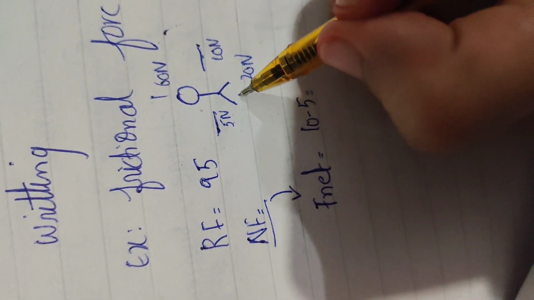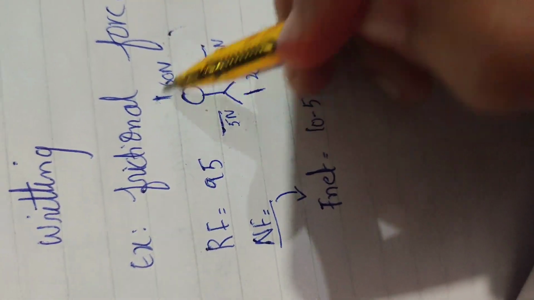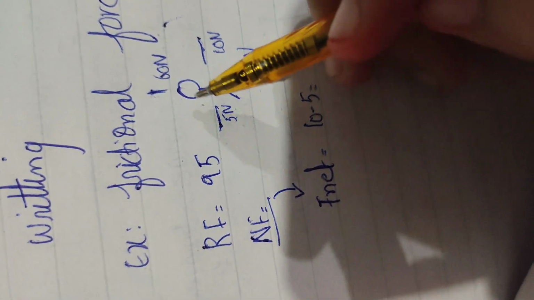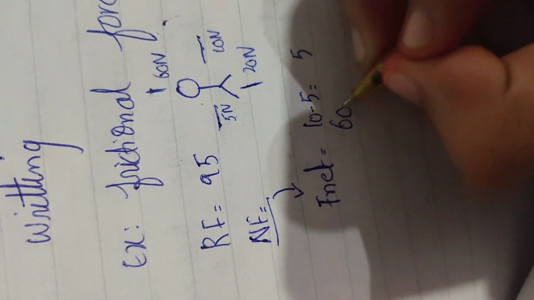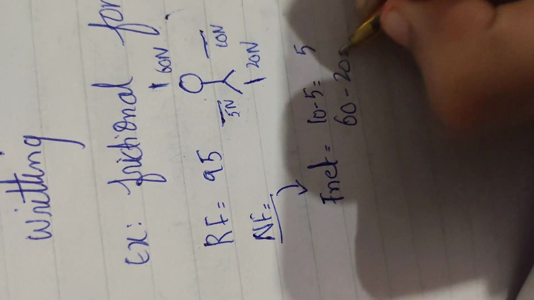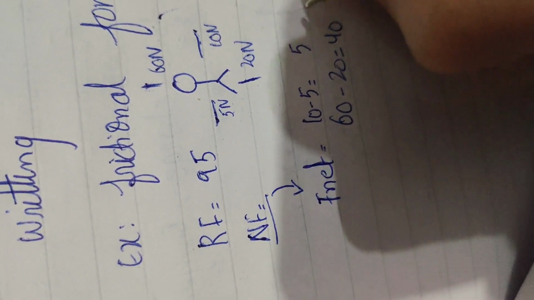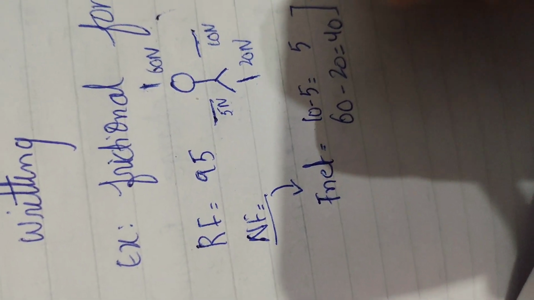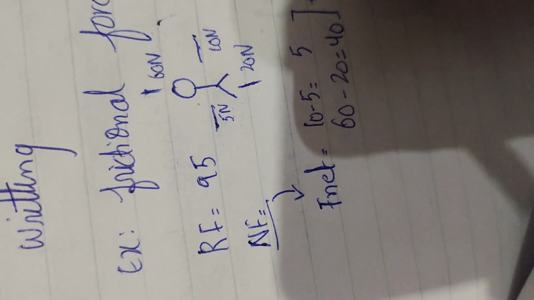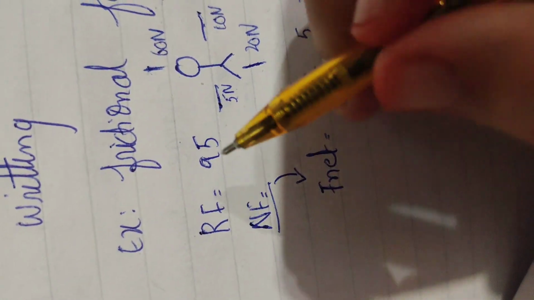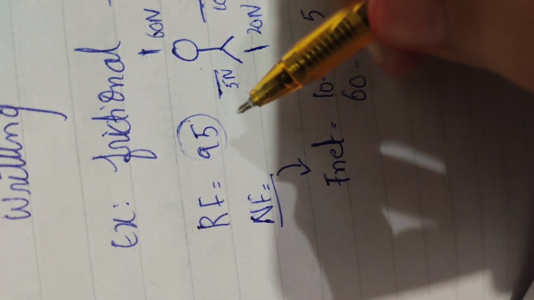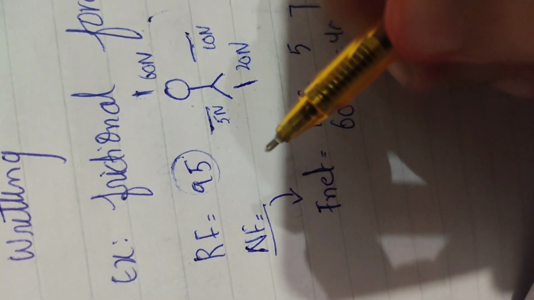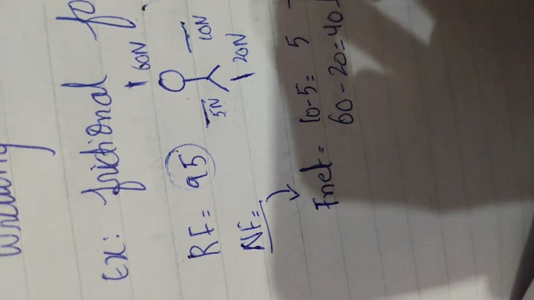Then you can see these two forces are also here, applied from opposite sides. So we do 60 minus 20. We got 40. Now we add these two, and we got 45. So this is net force, and the other is resultant. Resultant is quite easy, and for net force we need to do some kind of sums.